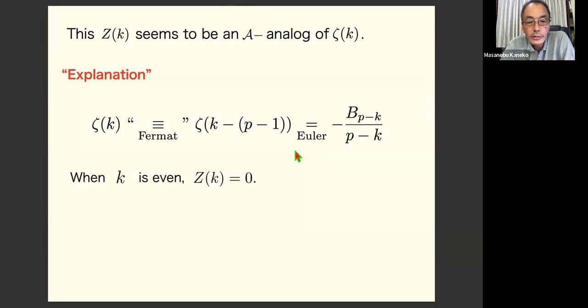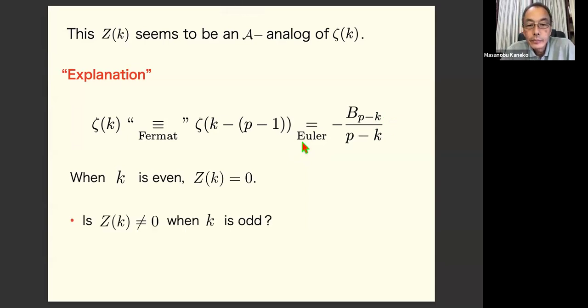So when k is even, this capital Z_k is 0, because odd-index Bernoulli numbers are all 0 except B_1. So when k is even, p minus k is odd for p bigger than 2. But it's still unknown whether Z_k is non-zero when k is an odd integer bigger than 1.